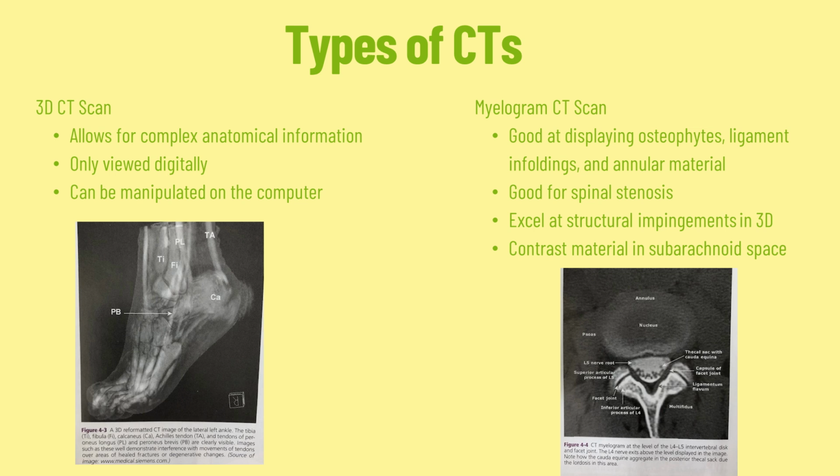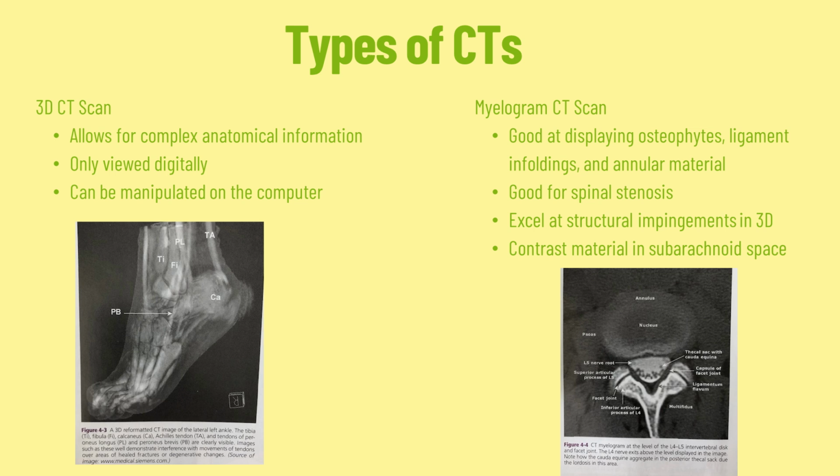And then we have the myelogram CT. The myelogram CT is actually used with contrast agents put into the subarachnoid space. It is great at detecting ligament infolds, osteophytes, and annular material.